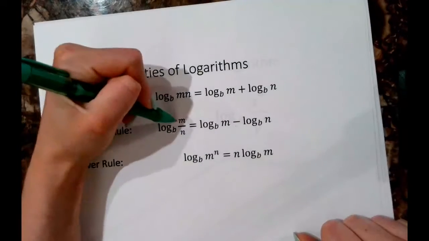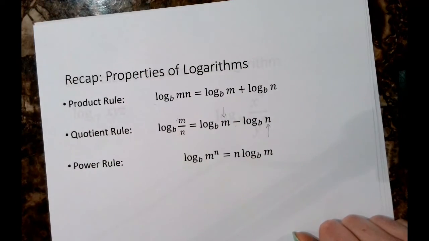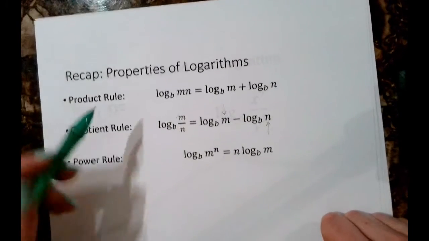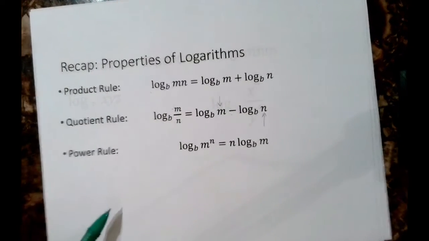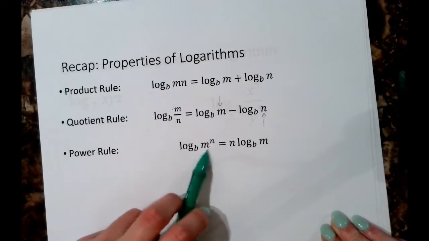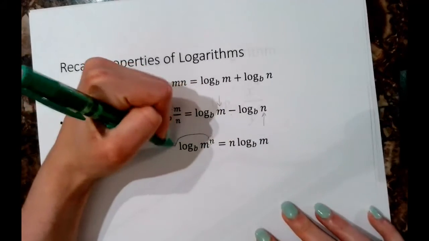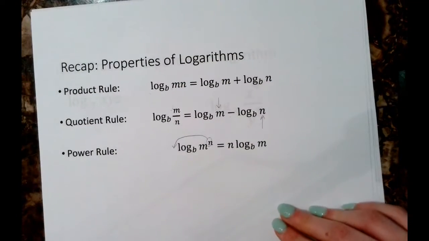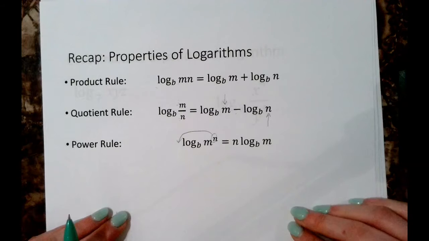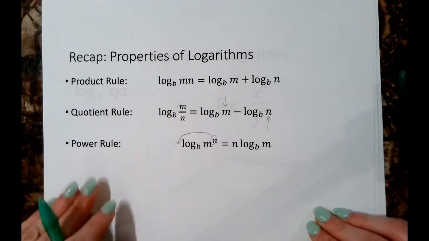Whatever our numerator is becomes our first term, and whatever's in the denominator becomes our second term. Last but not least is our power rule, which says if I've got a log base of something with an exponent, our exponent can be taken and brought out in front like this. Take a second, freeze your screen, write these down if you don't have them, or double check that handy dandy formula sheet, they'll be found on there.